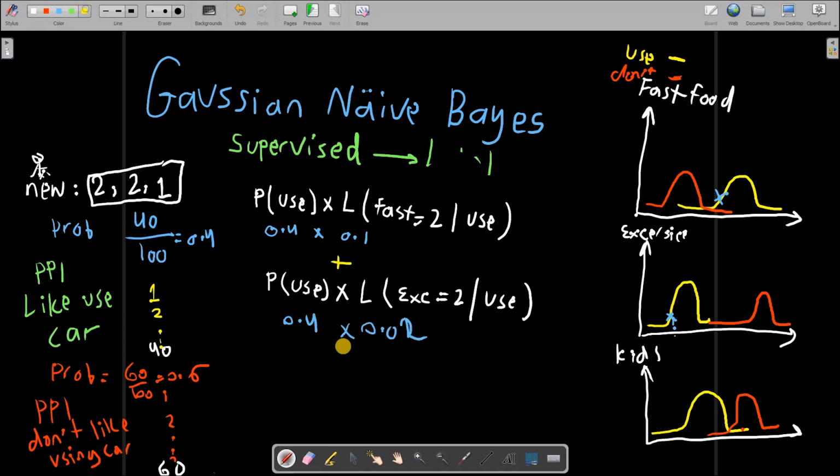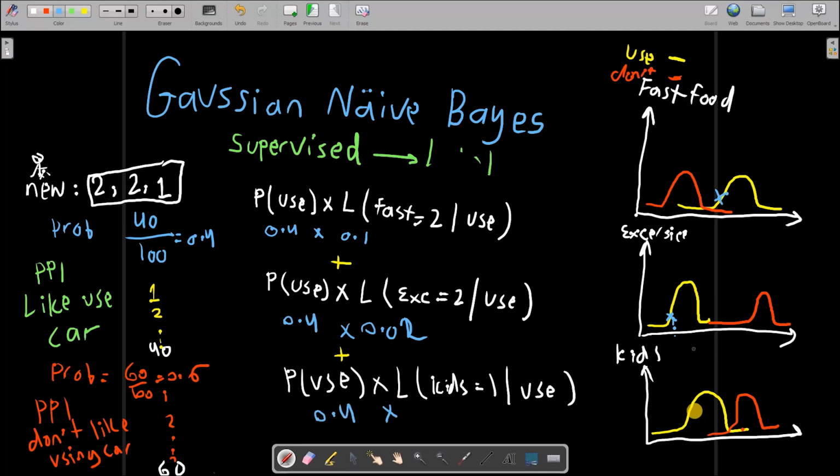And we continue. Now we will say plus, same thing, the probability that he uses a car multiplied by the conditional probability that he has kids, let's say 1 kid, given that he uses a car. And then we do the same thing. Here we will say 0.4 multiplied by, again, we need the yellow, say it is right here.